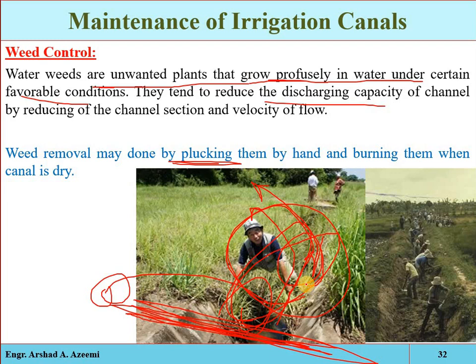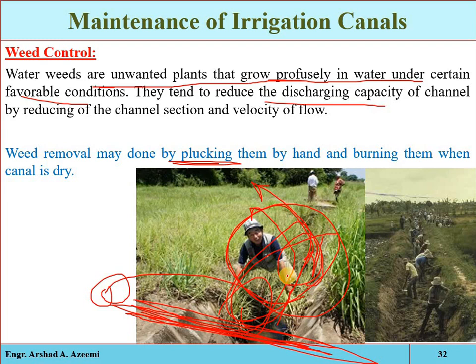We can also decrease these by applying the water with more depth. If the depth of the flowing water is more, then proper sun energy will not be available to the plants, and their growth will be affected.